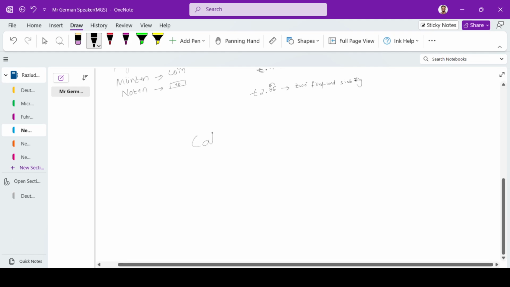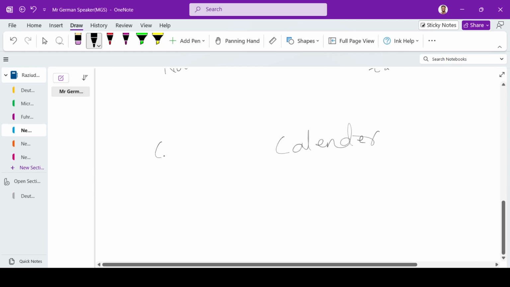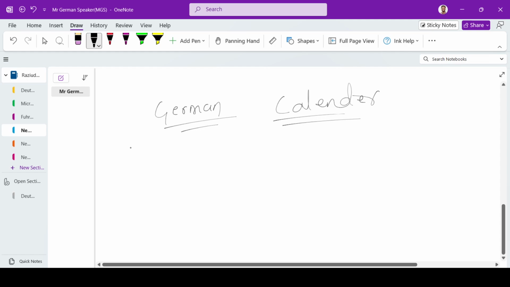I would say it's like a German calendar. So in English we have the calendar days: Monday, right? Then we have Tuesday, we have Wednesday, right?